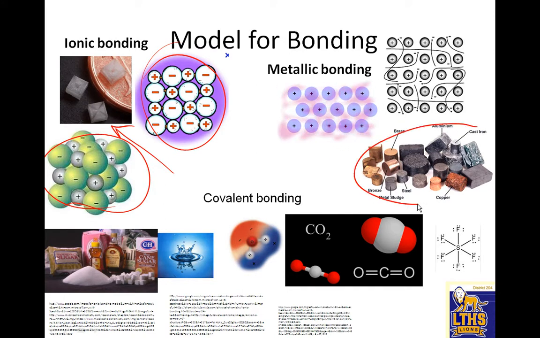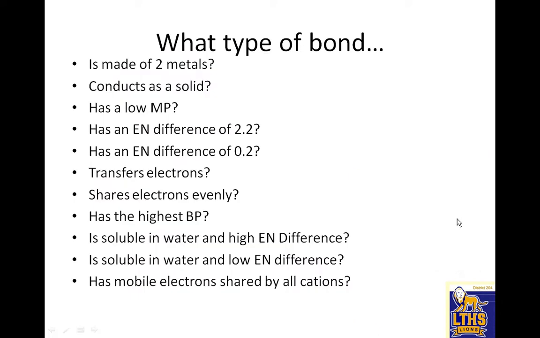Another model, and there's some real stuff. Then covalent bonding: here's some real stuff, and a model of the sharing electrons and the positive and negative side of the molecule. Another model for carbon dioxide, sharing, and then a model for sulfur hexafluoride.